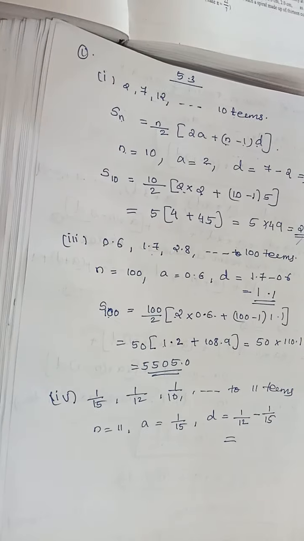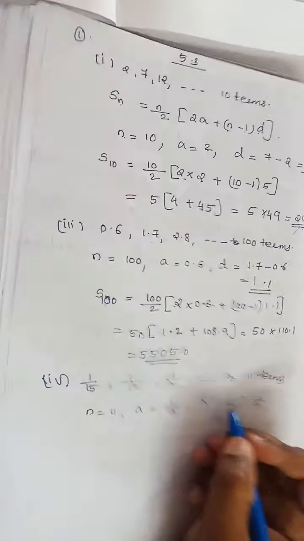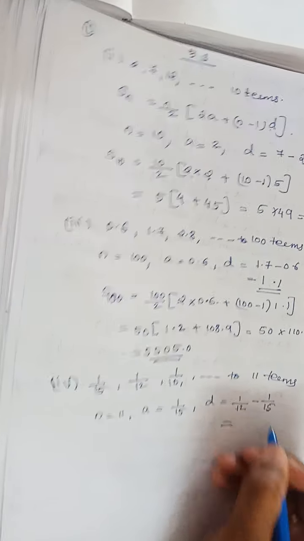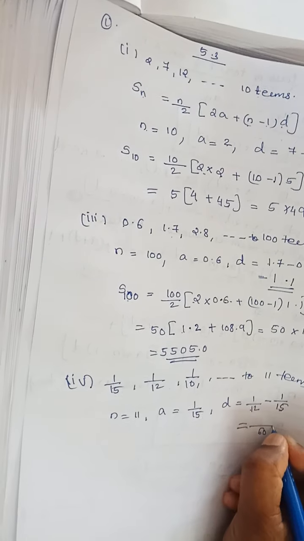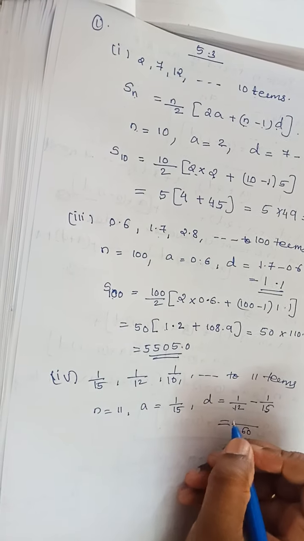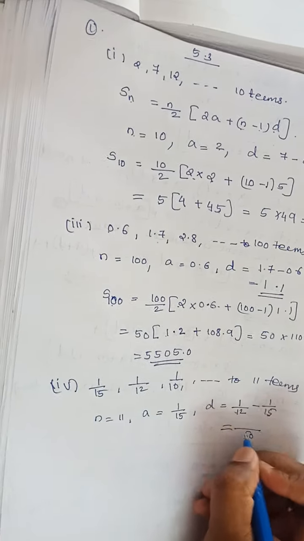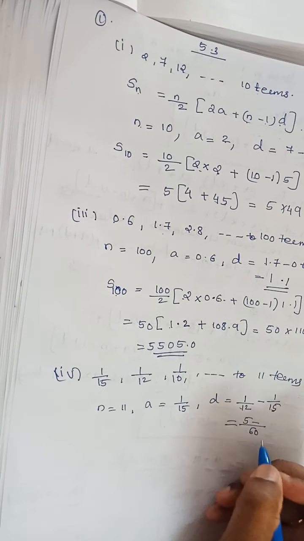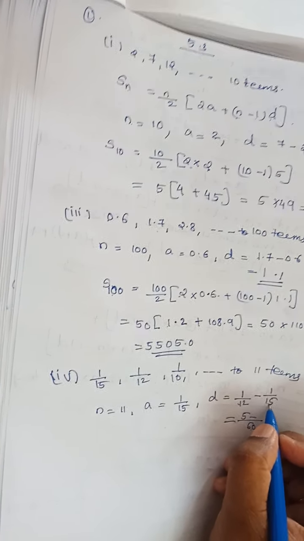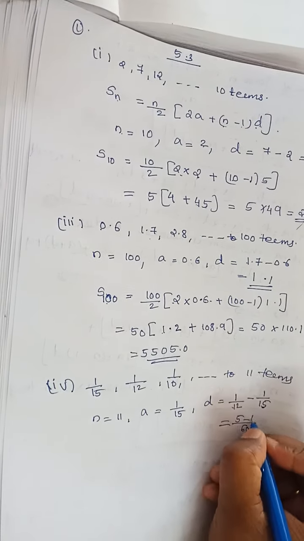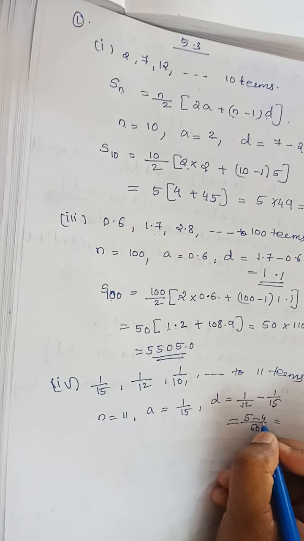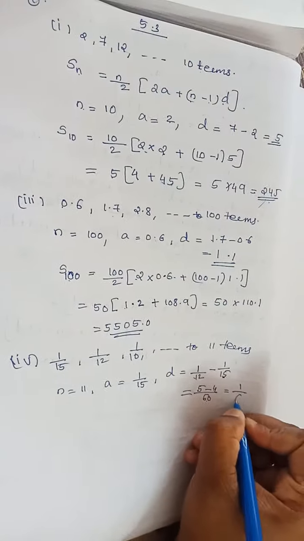After that you can take the LCM. The LCM of 12 and 15 is 60. So 60 divided by 12 is equal to 5, 5 into 1 is equal to 5, minus 60 divided by 15 is equal to 4, 4 into 1 is equal to 4. 5 minus 4 is equal to 1 divided by 60.